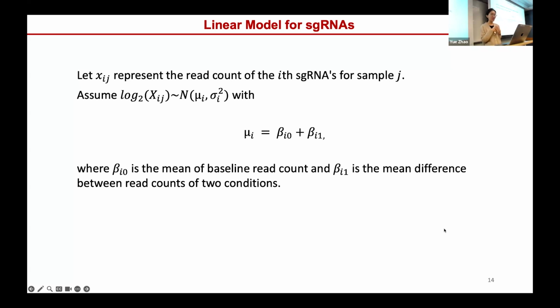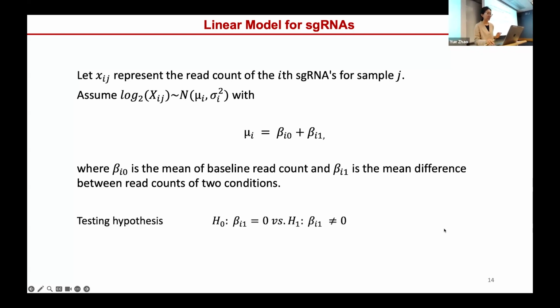And the mean is the sum of the baseline beta_i0 and beta_i1, which is the mean difference between the two conditions. Since we log2 transform the read count, you can consider beta_i1 here as the guide RNA log fold change between the two conditions. And our testing hypothesis is whether this log2 fold change is 0 or not between the two conditions.